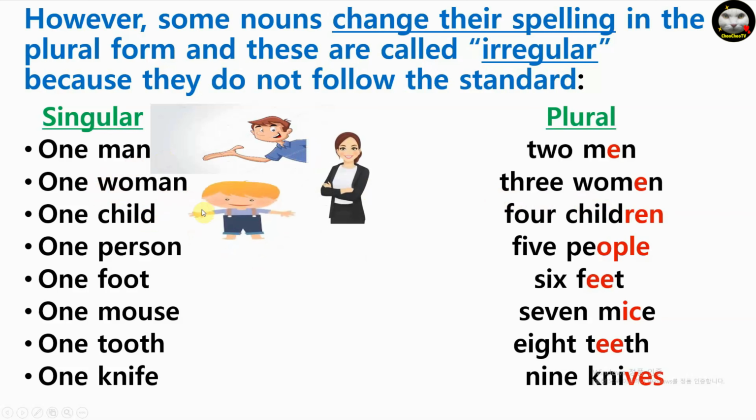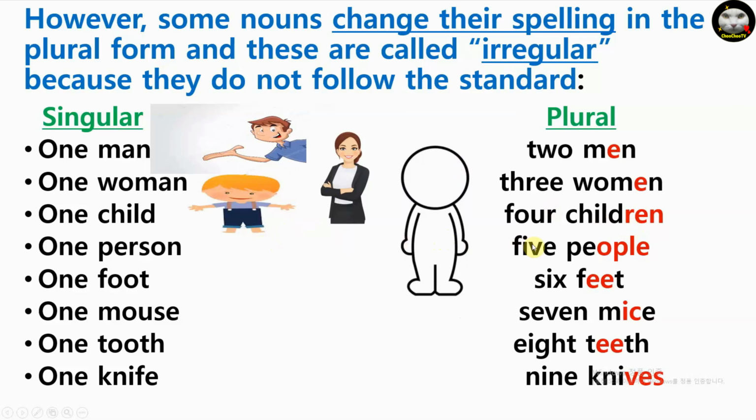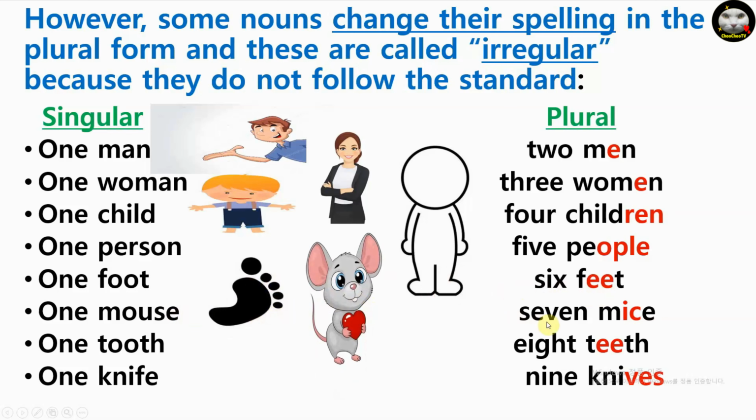One child, four children. One person, five people. One foot, six feet. One mouse, seven mice. One tooth, eight teeth. One knife, nine knives.